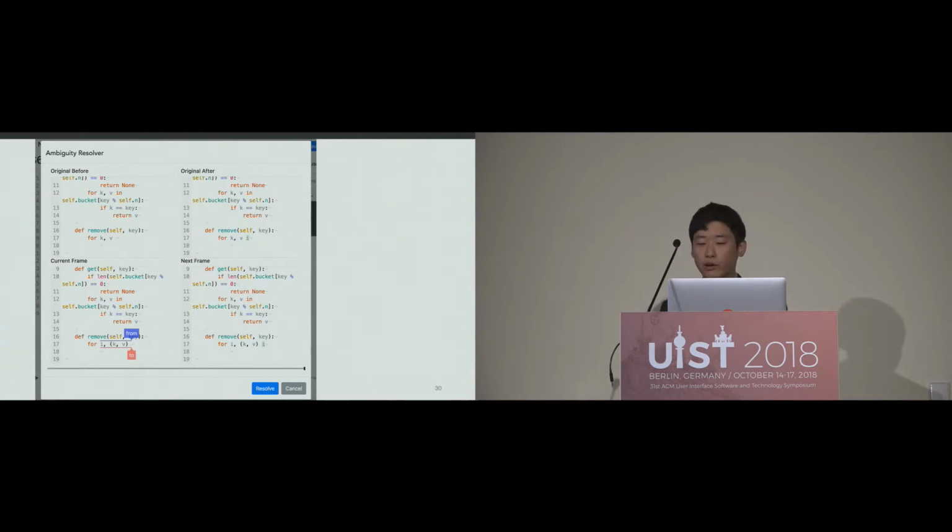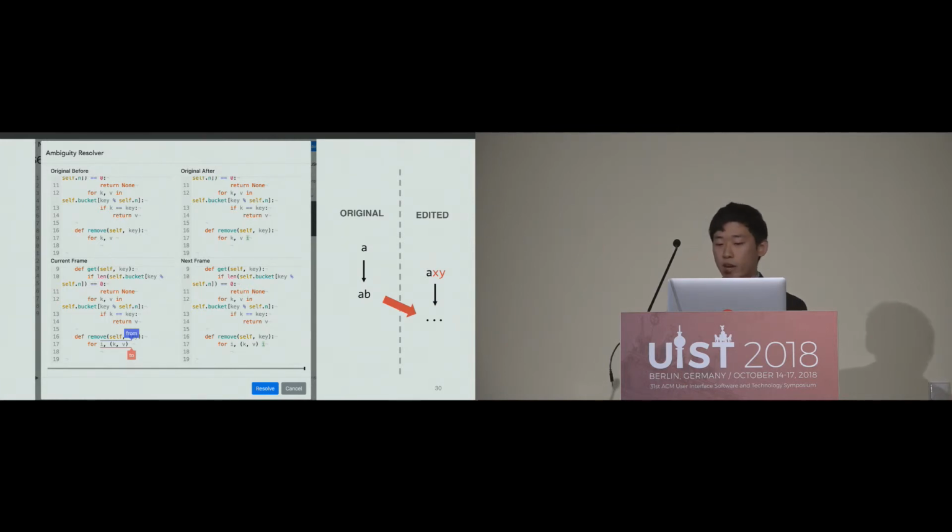When you finish the recording, and if there's any ambiguity occurring from the edit, this window shows up. So here you can see what's going on with the ambiguity, and you can choose the resolution that you want. It basically works like a three-way merge system. On the top, you have the before and after in the original screencast timeline.